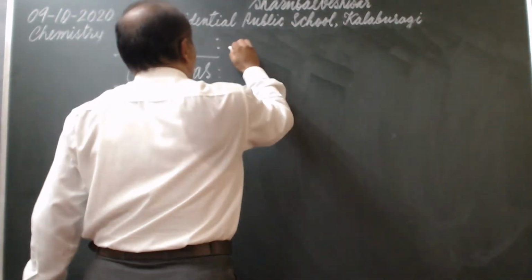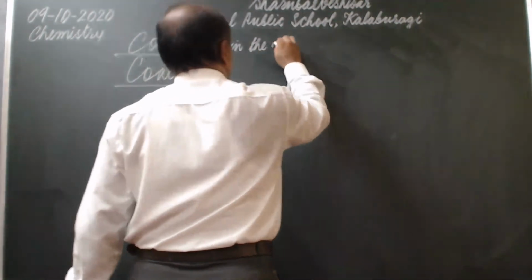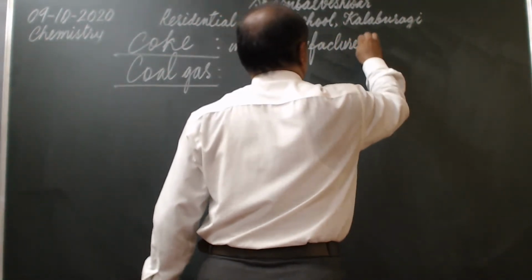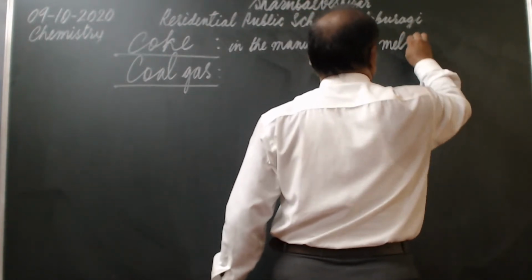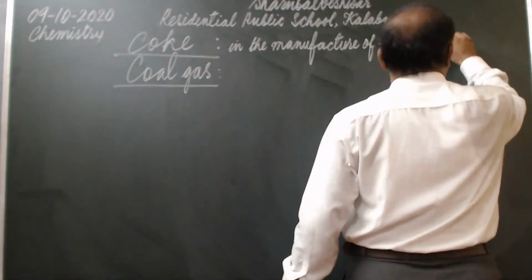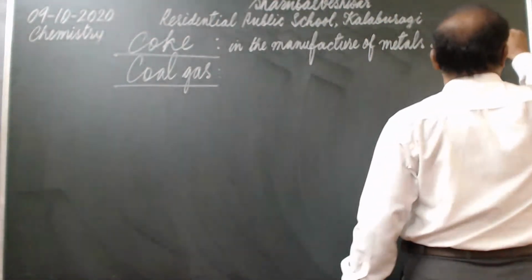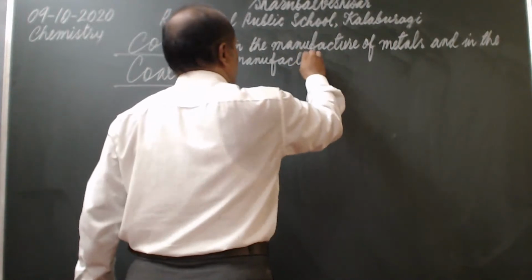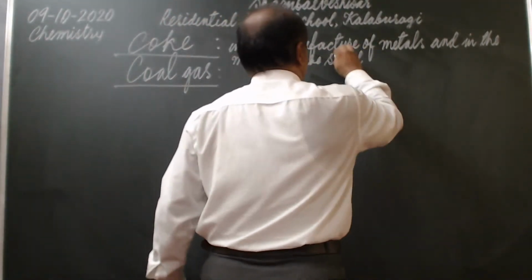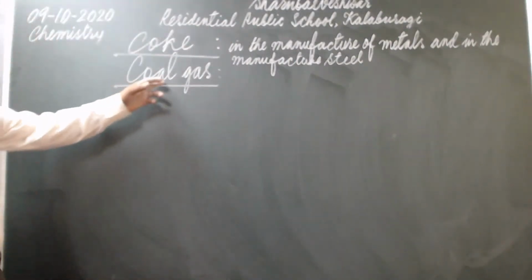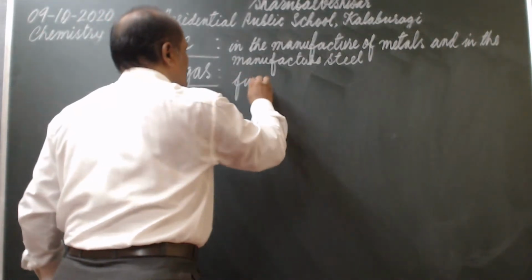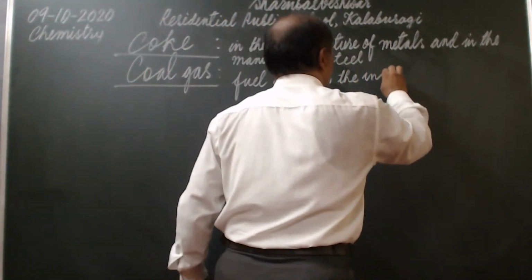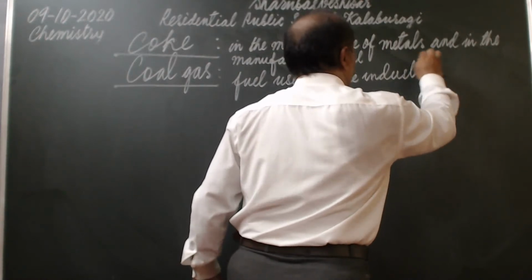Coke is used in the manufacture of metals and in the manufacture of steel. Right. Now we are talking about coal gas. So coal gas is a fuel used in the industries.